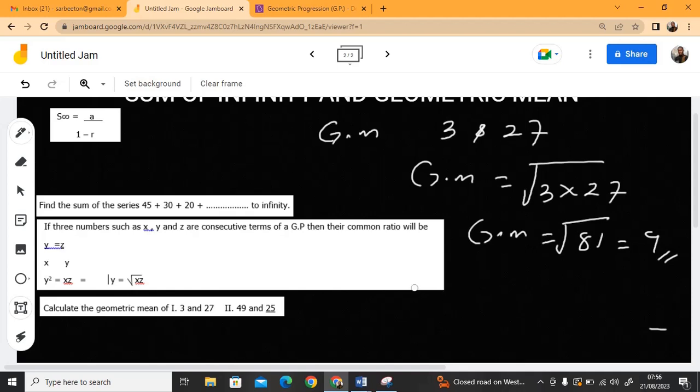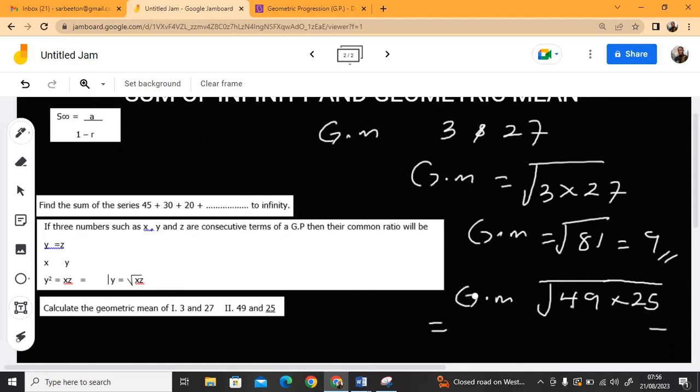If I give 49 and 25, like what you are given at the bottom, geometric mean of 49 and 25 is just 49 times 25. Now I'm just limiting this to SS2, because if you are moving to complex further maths, I don't want art students or commercial students, or science students that find mathematics difficult, to get confused.